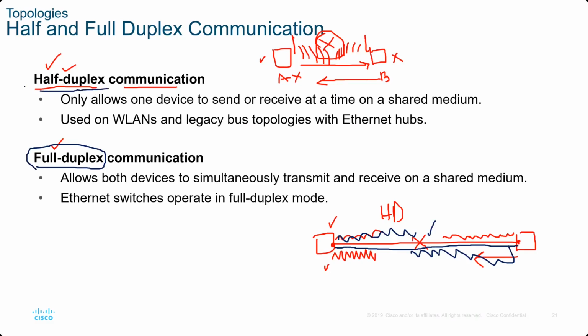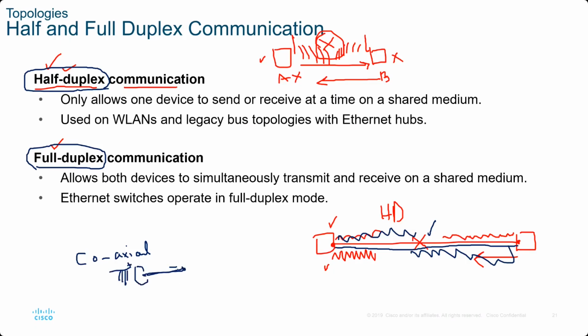So in early networks, only half duplex communication was possible because they were using what? Coaxial cable, which we saw. Do you remember the coaxial cable that we saw? It had just one copper cable, and then there was an insulation, and then there was a mesh of copper as well. So one was a positive, one was negative to complete the loop for the electrical signal to reach.